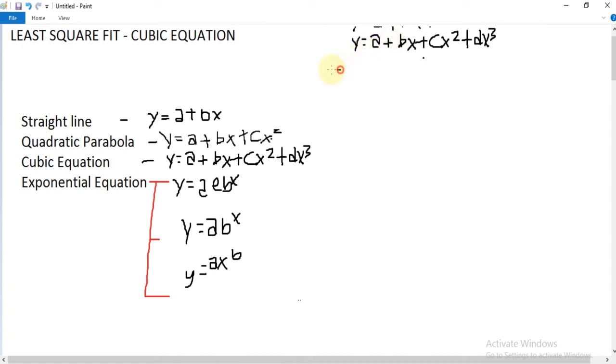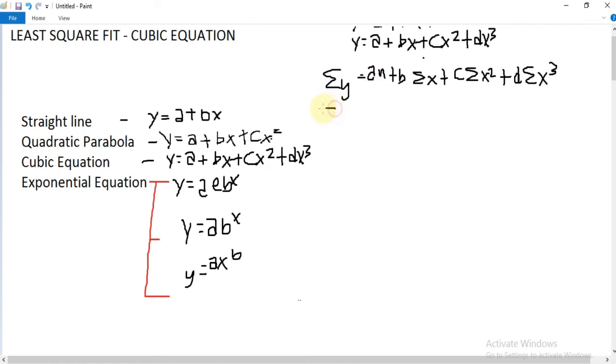So the summation of y equals an plus b summation of x plus c summation of x squared plus d summation of x cubed.